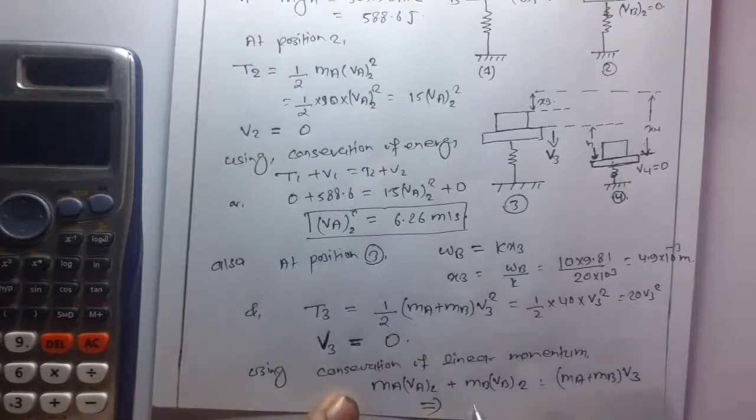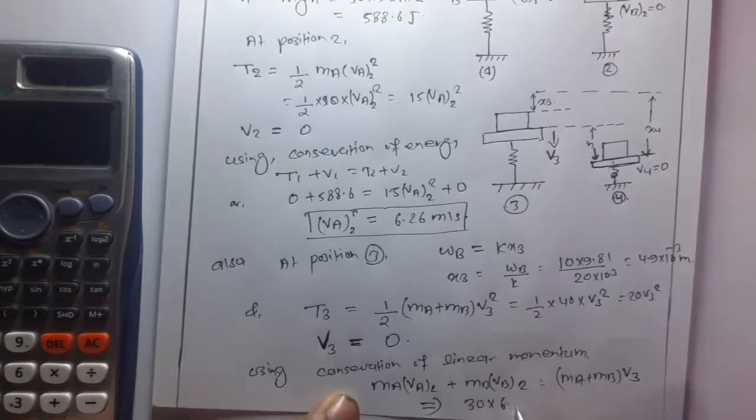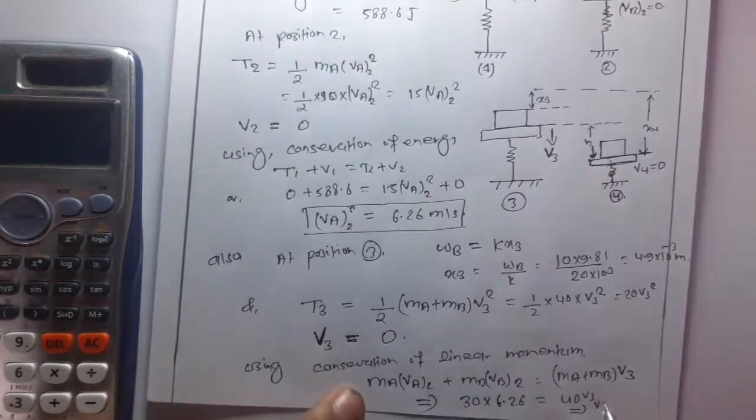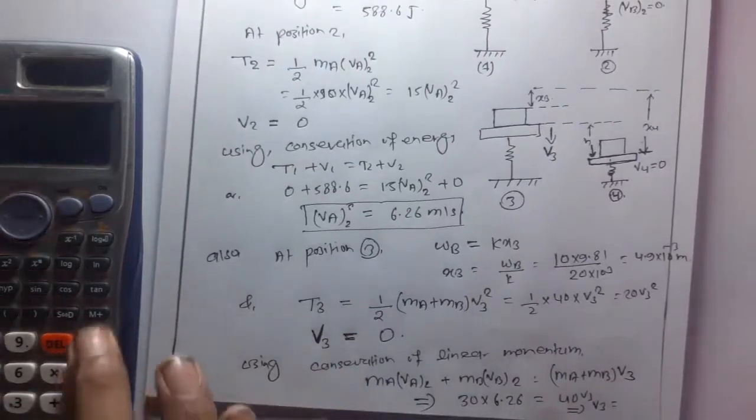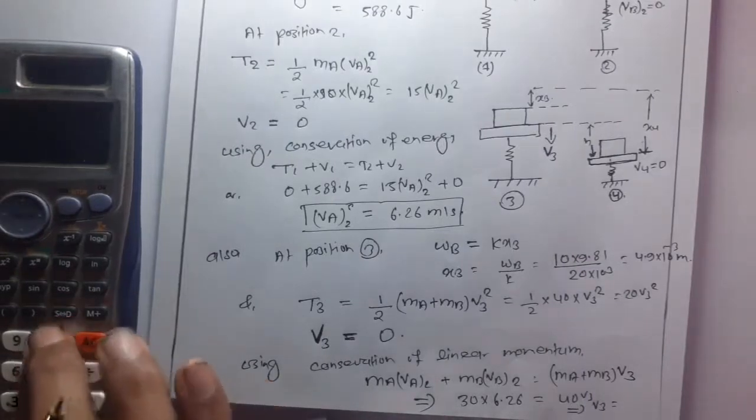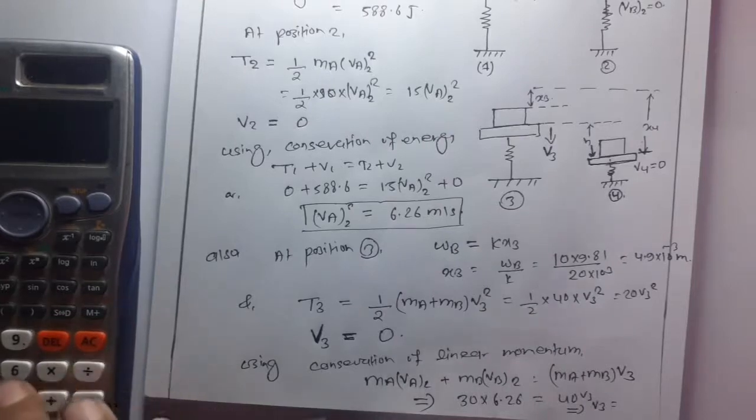So MA is 30 into VA2 is 6.26, equal to 40 v3, and this implies v3 is equal to 30 into 6.26 divided by 40.